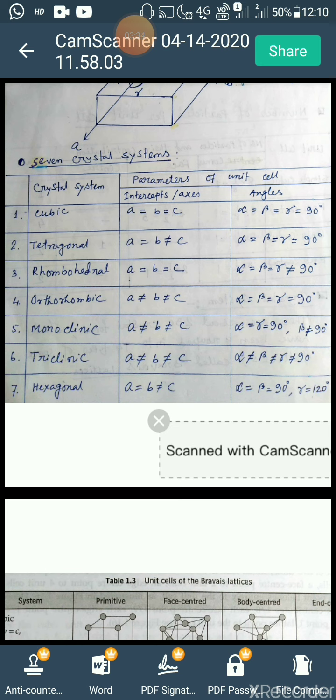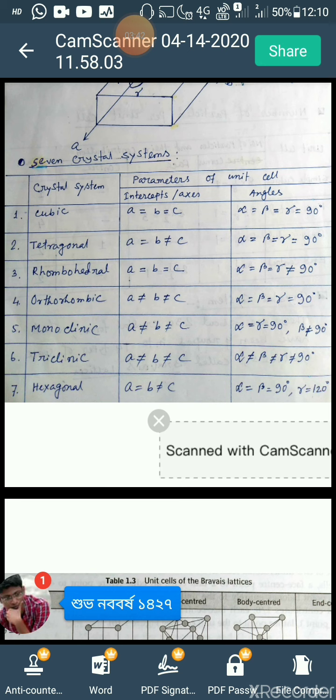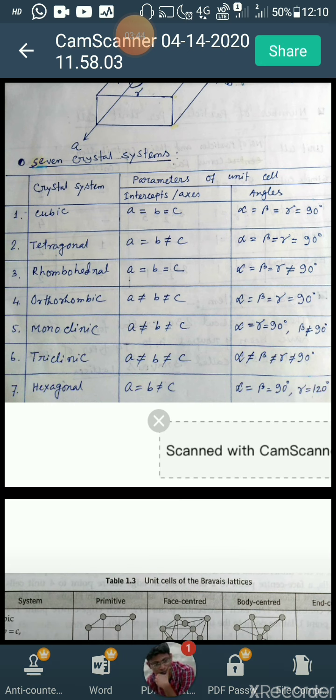In the hexagonal unit cell, the values of a and b are equal but not equal to c. Alpha and beta are equal to 90 degrees, and gamma is 120 degrees. The value of gamma is 120 degrees, and the values of alpha and beta are 90 degrees in the case of hexagonal.